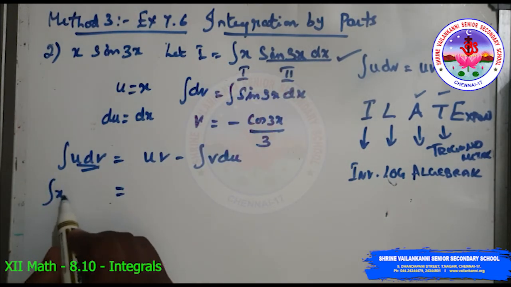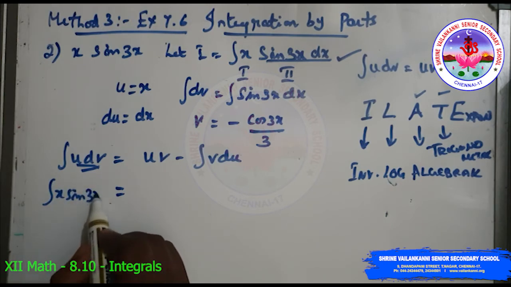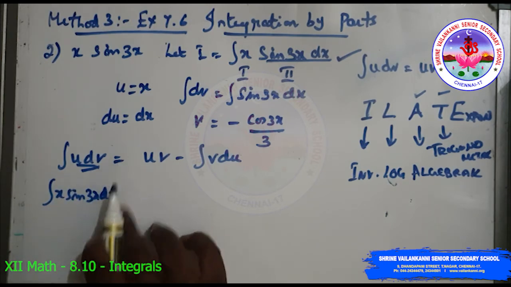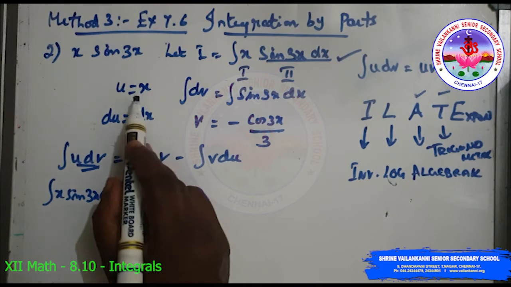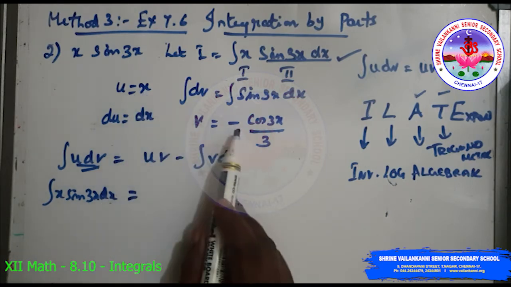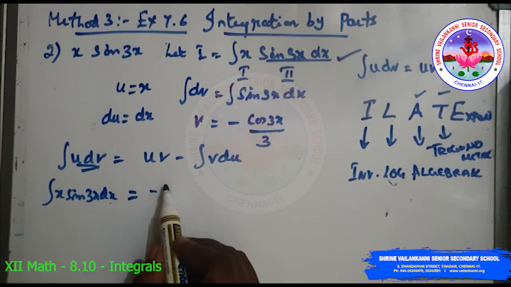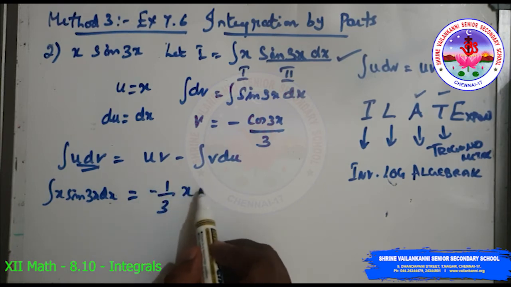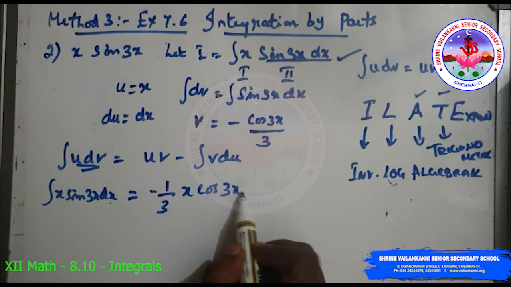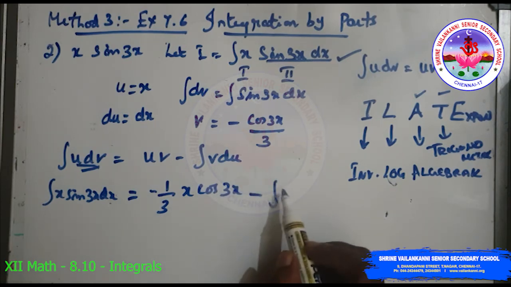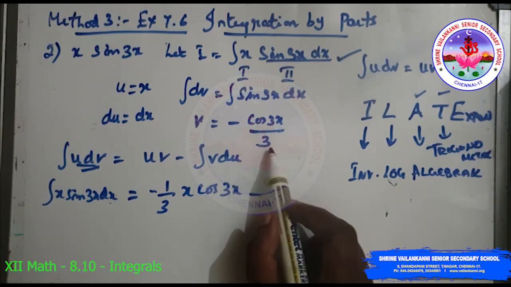So integral of x into sin 3x dx is equal to u into v, so x into minus cos 3x by 3. So I'll take minus 1 by 3 into x cos 3x minus integral of v, which is minus cos 3x by 3.